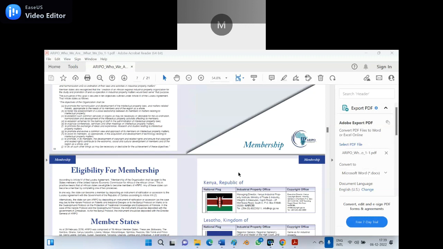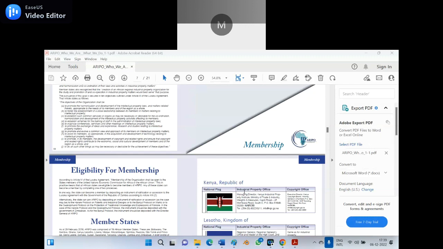And the last point is to do all such other things as may be necessary or desirable for the achievement of these objectives. So these are the around 10 ARIPO objectives.